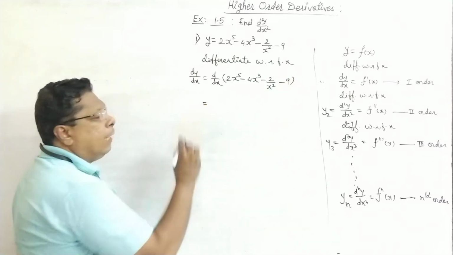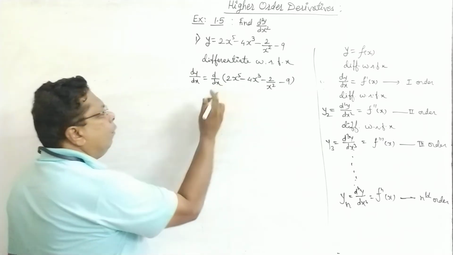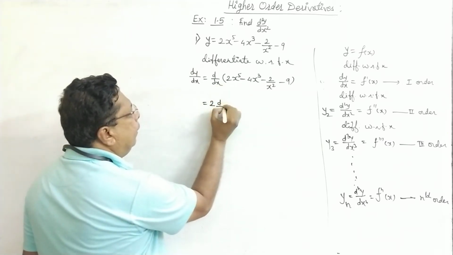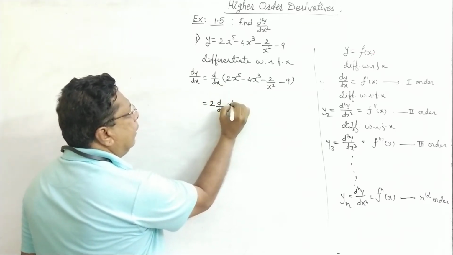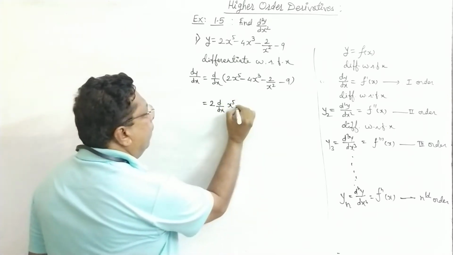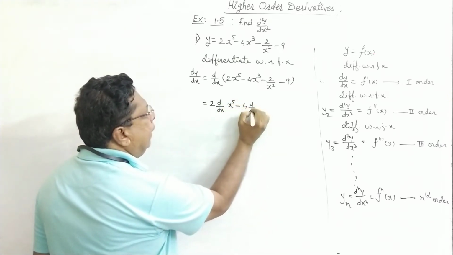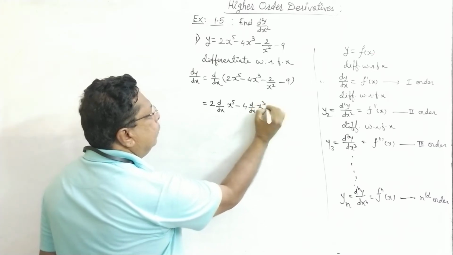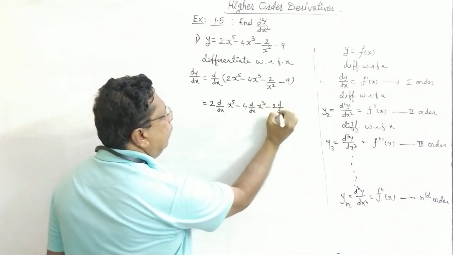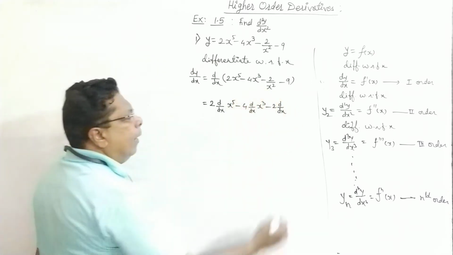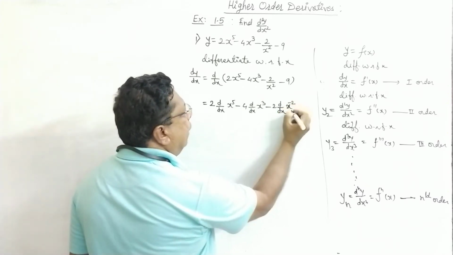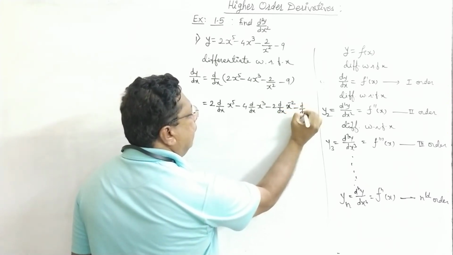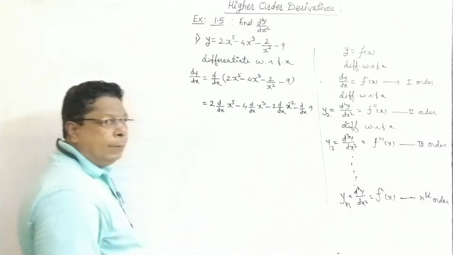Now this can be written by taking the derivative of each term. So 2 into d by dx of x raised to 5 minus 4 into d by dx of x cube minus 2 into d by dx of 1 upon x square, which means x raised to minus 2, and minus d by dx of 9.